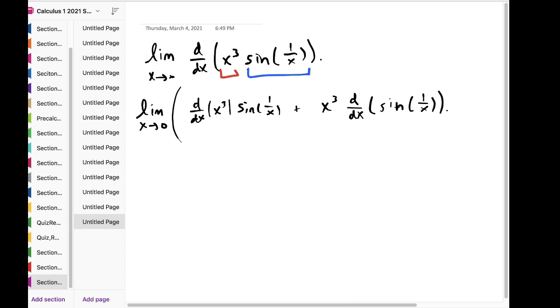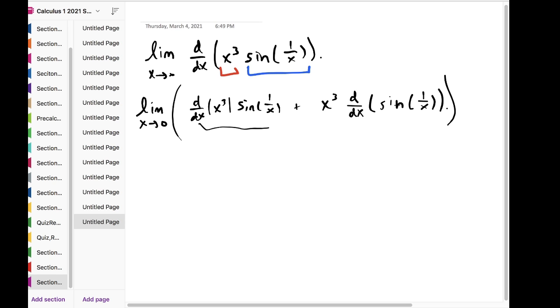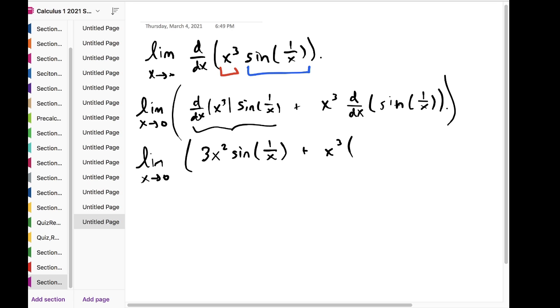Okay, so let's deal with this first. Derivative of x cubed is 3x squared. Okay, so now we need to find the derivative of sine of 1 over x. So how do we find that?